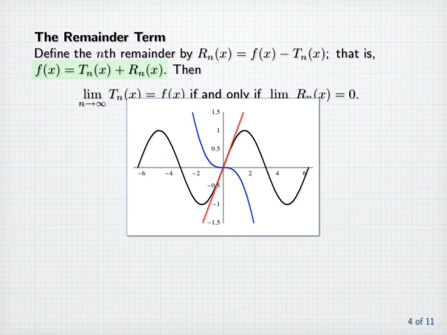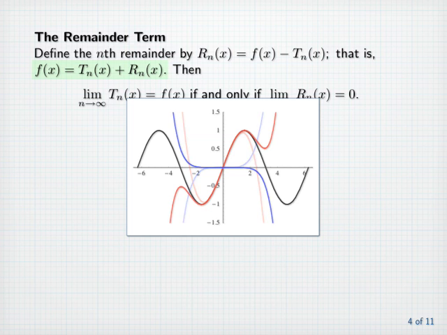Let's look at the graphs of the first several of these remainders in the case of the sine function. Here we see the graph of sine x along with the linear approximation, which is t1 of x, and the blue graph is the remainder r1 of x. That's just the difference between sine x and its linear approximation at 0. Notice that the remainder is very close to 0 where the Taylor polynomial provides a good approximation of sine x. Here's the graph of sine x along with the third Taylor polynomial and third remainder.